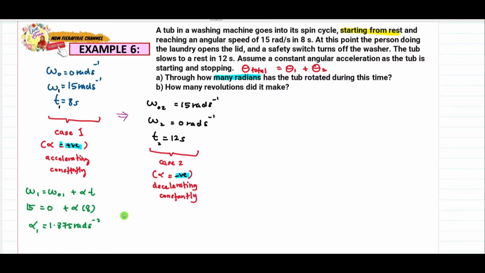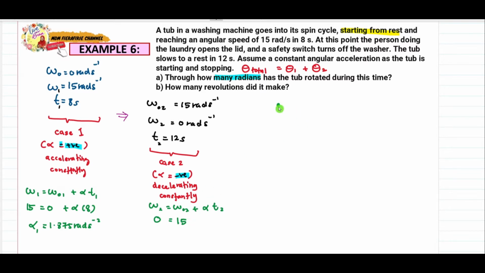And then for the second case, let's write omega 2 equal to omega naught 2 plus alpha T2. So let's substitute final velocity for the second case, masa dia slowing down. So it is equal to 0. Omega naught should be 15. Sebabnya ceritanya macam ni lah.